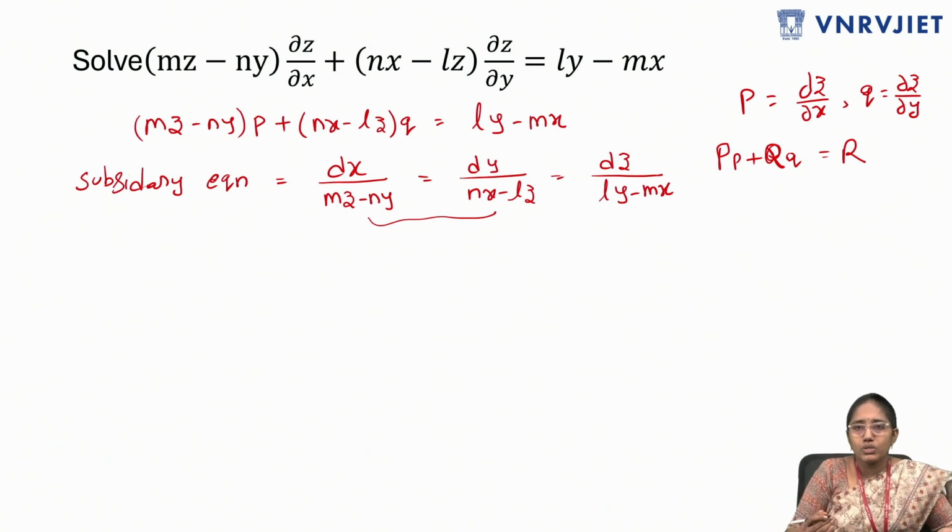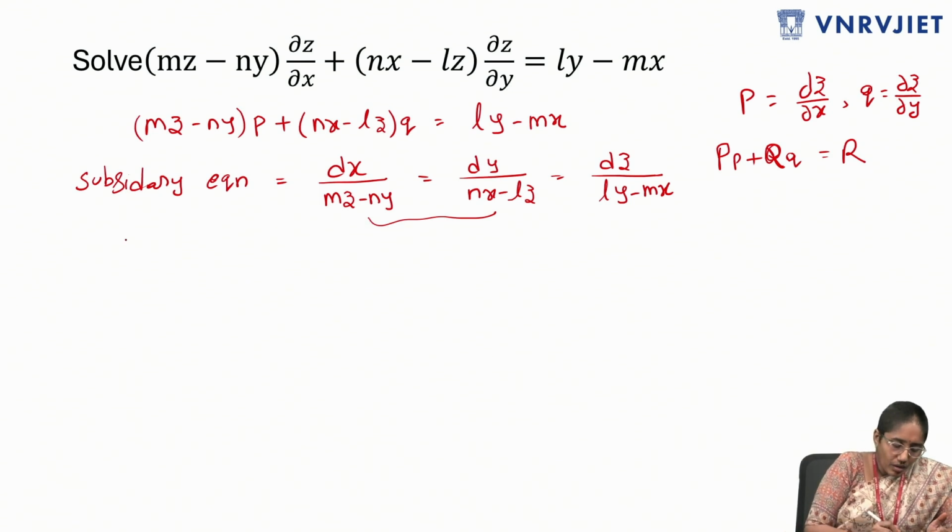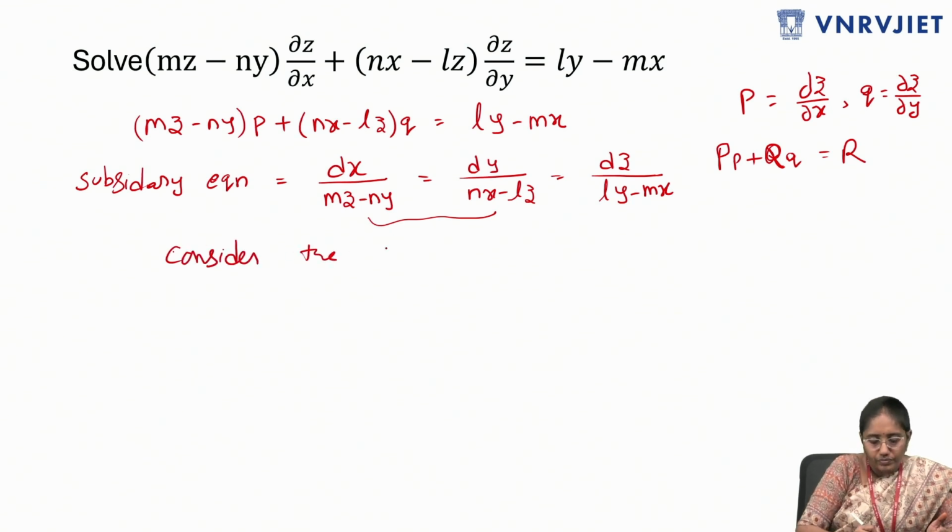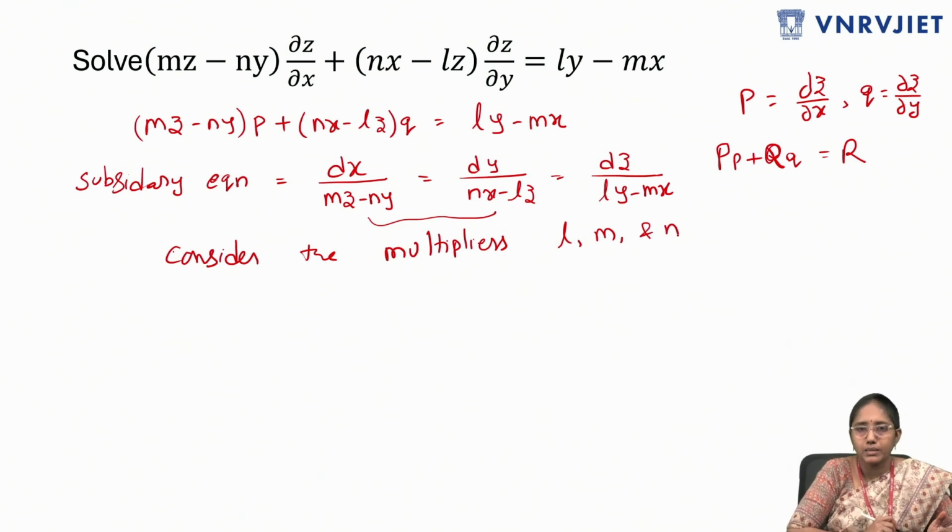Now we need to choose some multipliers for dx, dy and dz, such that with those multipliers the denominator becomes 0. Like that we need to choose the multipliers. Here I am considering l, m and n as multipliers.